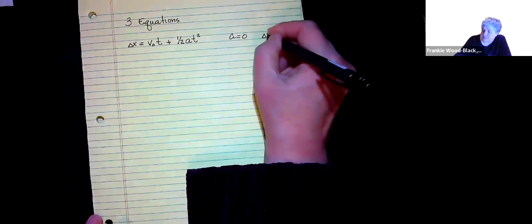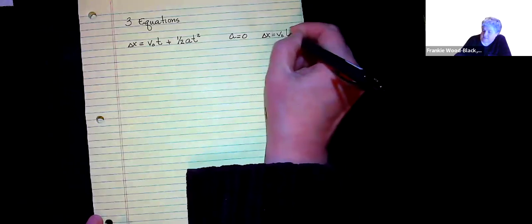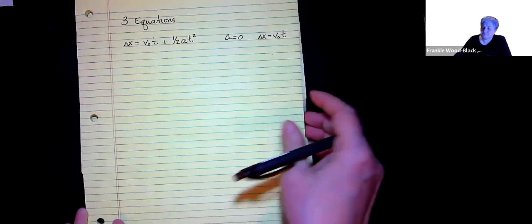And if acceleration is equal to 0, this just becomes my change in position is equal to my initial velocity times time, which is what we just started with a second ago. So that's one equation that we use.